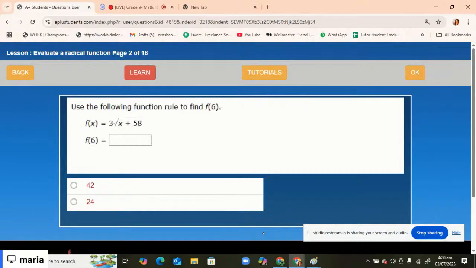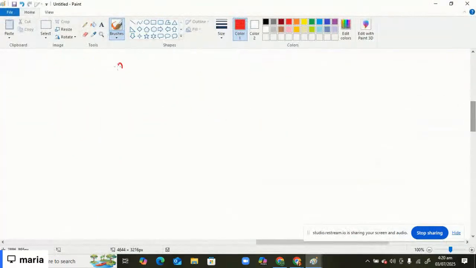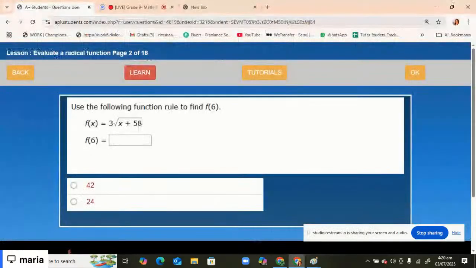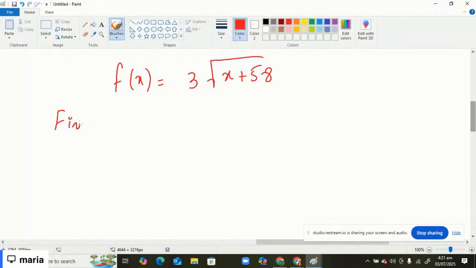Okay, now let's do this one. Use the following function rule to find f of 6. So f of x is equal to 3 into the square root of x plus 58, and we are finding f of 6.